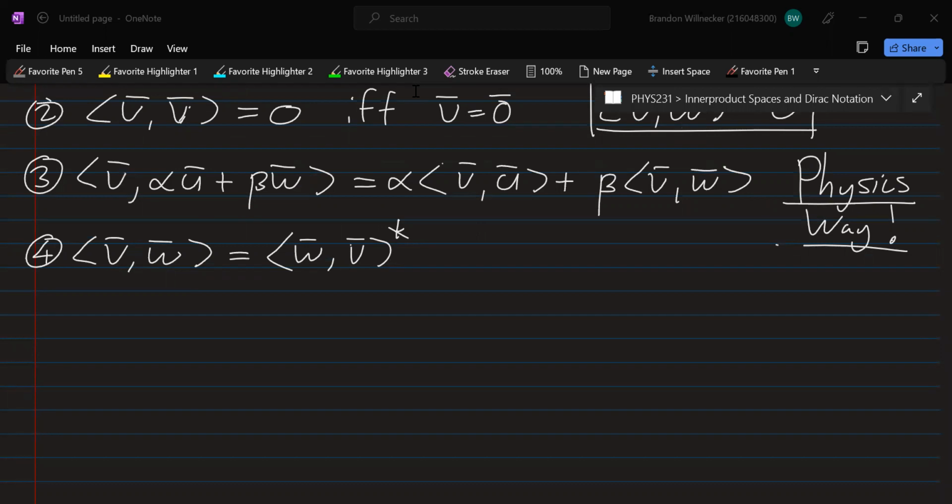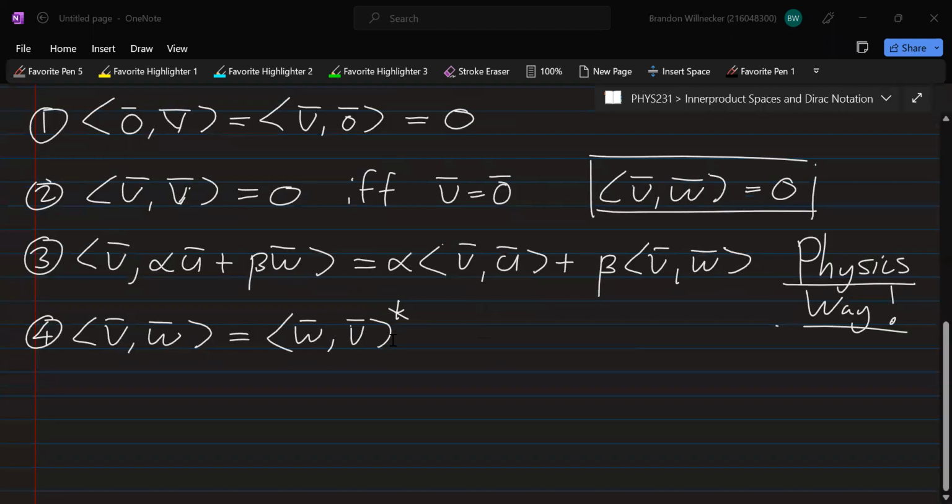With this in mind, if we use number 3 and number 4, this gives us the linearity in the second slot. If we swap it around, the alpha and the beta are going to get complex conjugated.